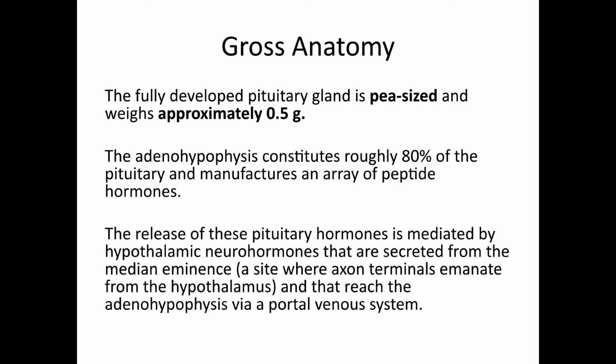The adenohypophysis constitutes 80% of the functional organ, because there we have the cells that create most of the hormones, and by size it is a bit larger than the neurohypophysis. Both of them release hormones. The adenohypophysis synthesizes hormones itself, and the neurohypophysis is just the room where already synthesized hormones get in.